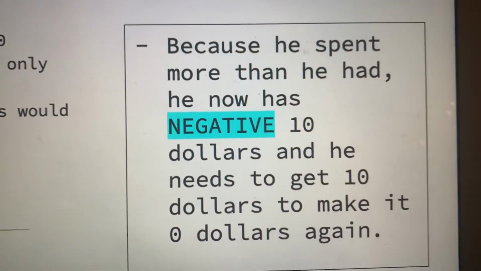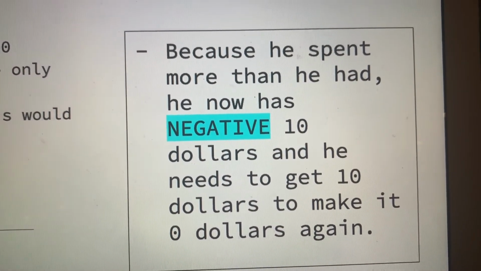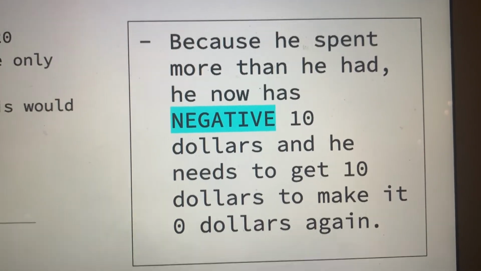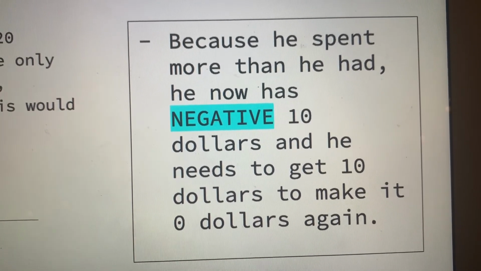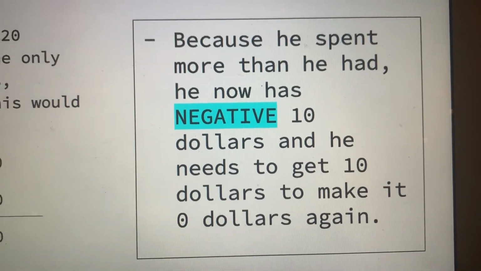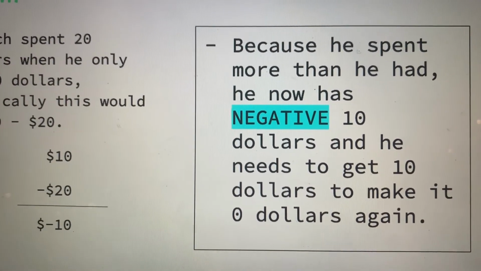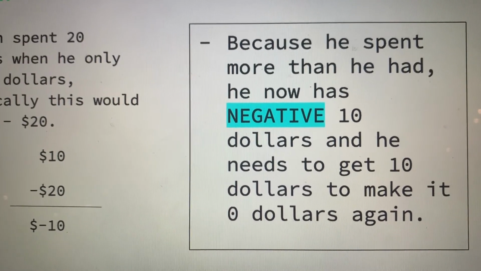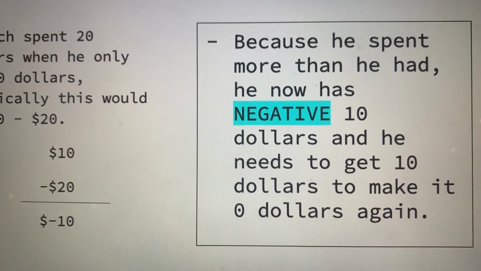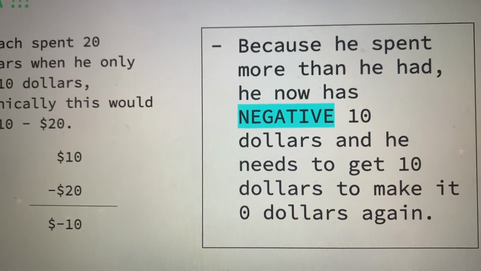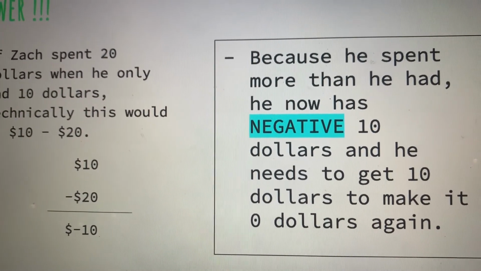So over here, this is a little bit different, just kind of a different way to understand it. Because Zach had spent more than he had, so he had $10 and he spent $20, that means that he is now negative $10 and he needs to get $10 more to make it $0 again.